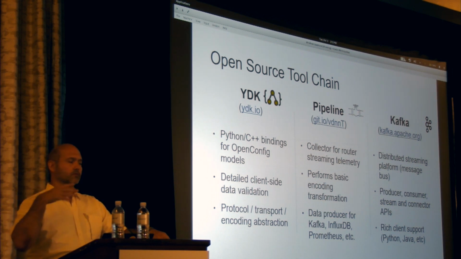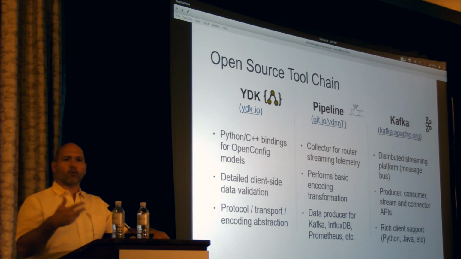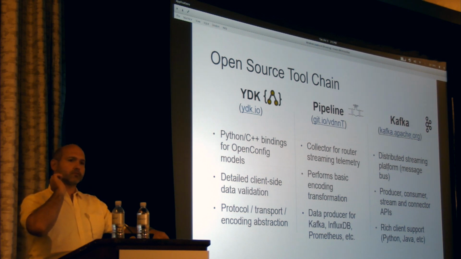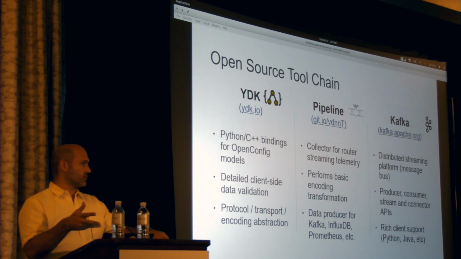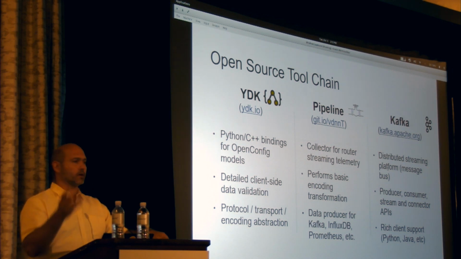This allows me in a very simple way to write Python code against an OpenConfig data model, and it takes care of not only giving me those classes and allowing me to create those objects, but also doing the data validation. So before my script sends any configuration to the router, the data will be validated. The SDK also provides the abstraction of the communication to the router. In this testbed, we're going to be using NETCONF, and all those details are completely abstracted.